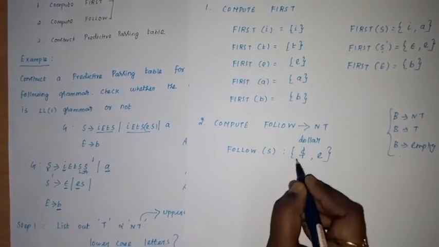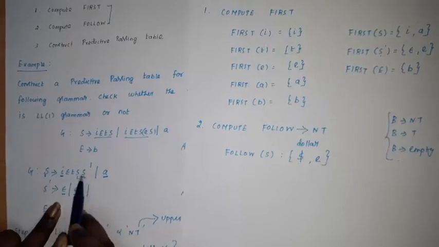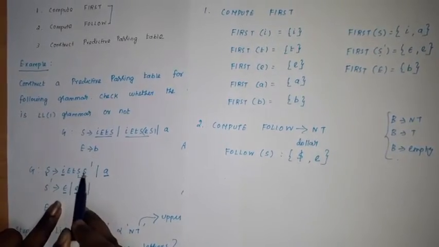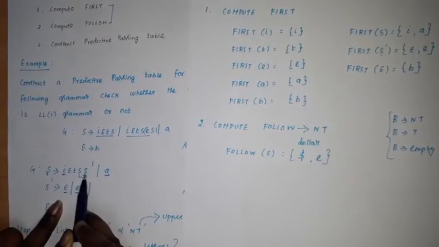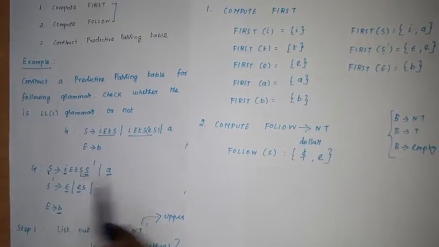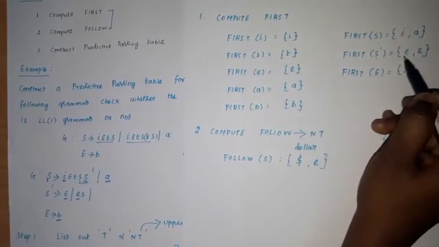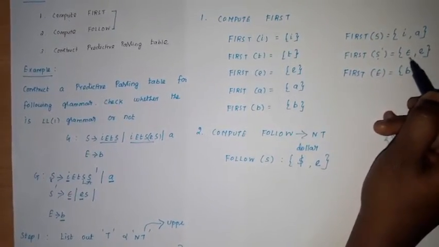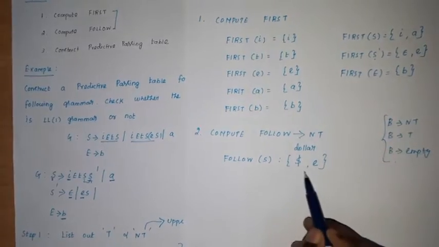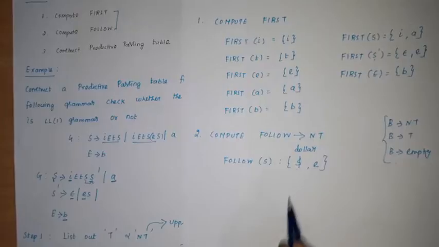So follow of S contains dollar and e. If it is a non-terminal, we find first of S dash except epsilon. So I am going to write dollar and e. This is the result for follow of S.